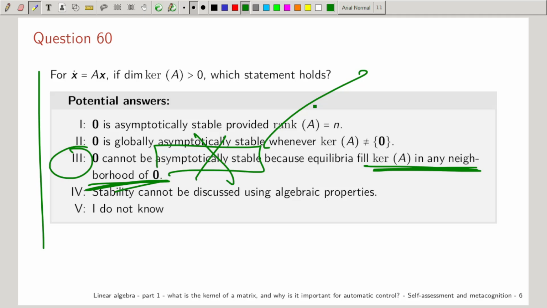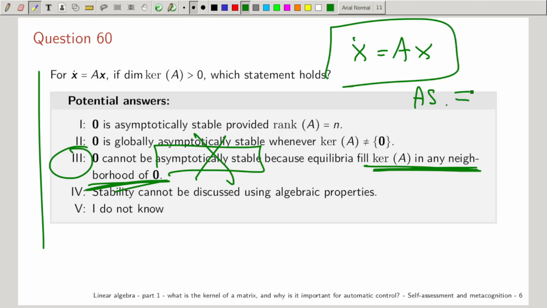But tomorrow we start with a question. It is a very interesting question. If I have x dot equals Ax, think at home about it. Can I have asymptotically convergent, asymptotically stable equilibria that are different from 0? Think about it. In this case here, we have equilibria that are not 0.